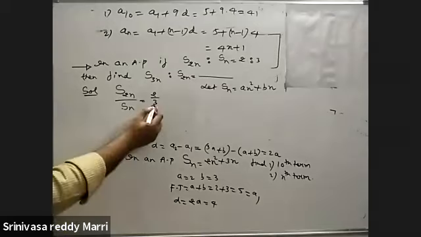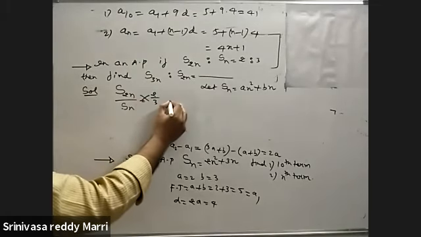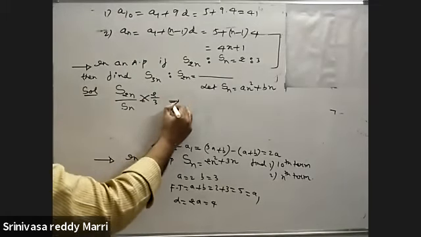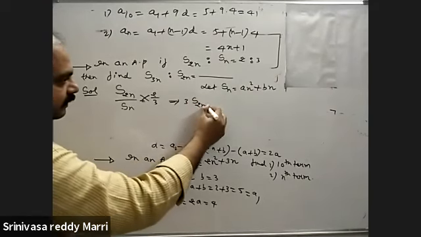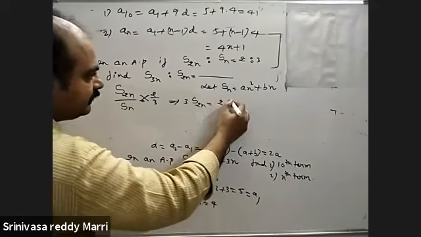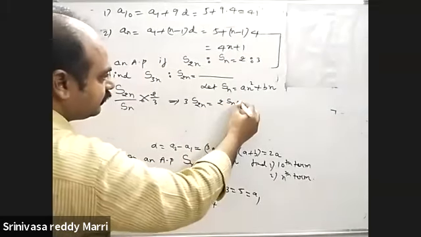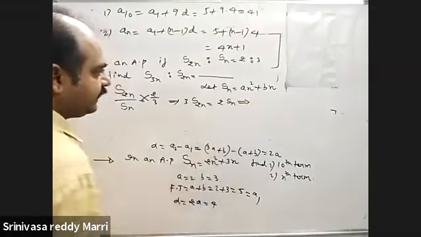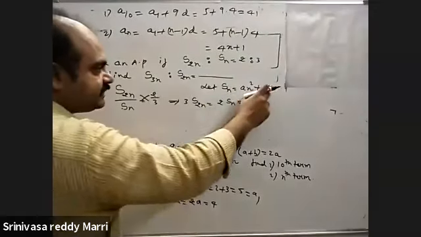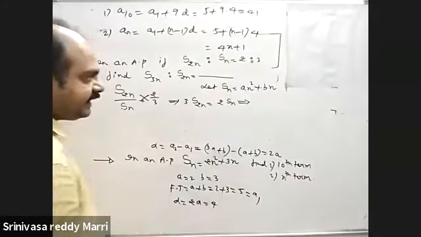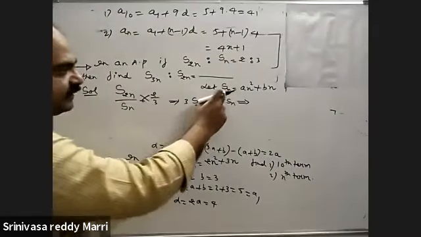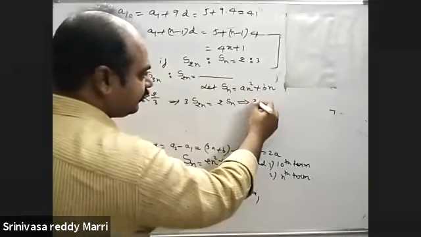Now if we cross multiply, 3 into S2n equal to 2 into Sn. Now Sn is nothing but this one. Suppose if you want to calculate S10, we substitute 10 here. Like that, S2n means in place of n, 2n.